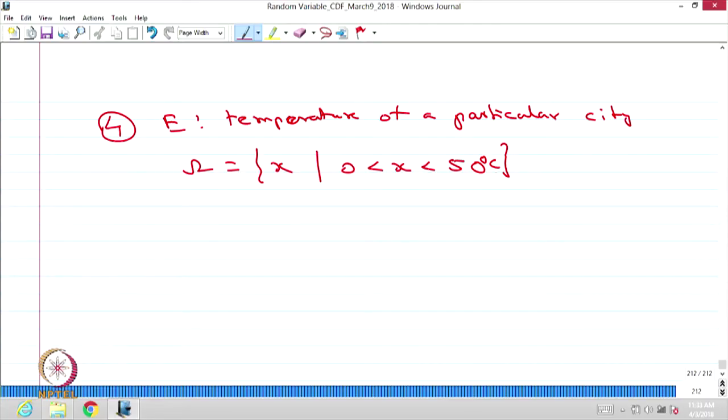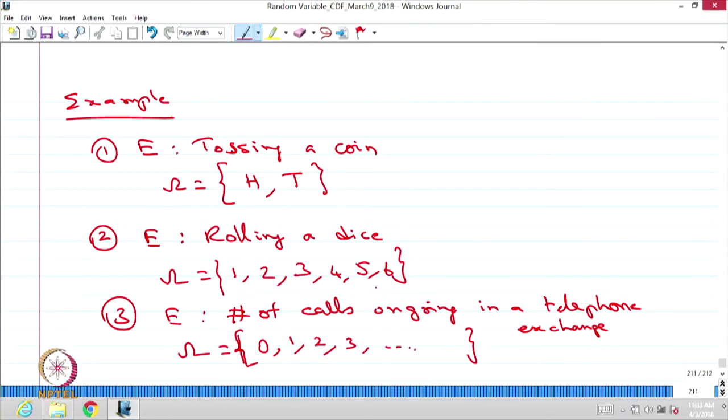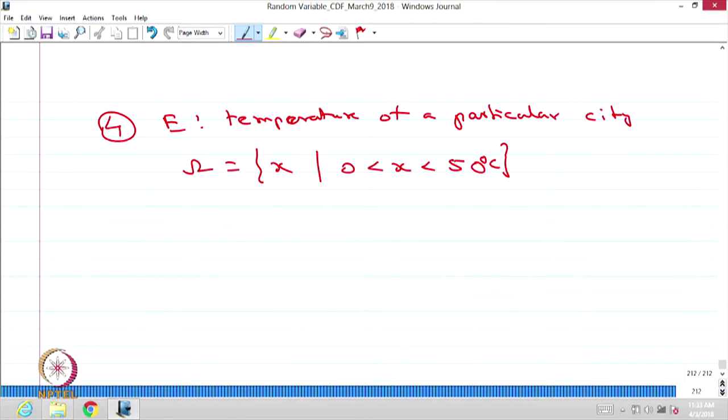Suppose I make the assumption that the temperature always goes from 0 to 50. So omega is going to be a collection of values between 0 and 50. So they are real numbers. Therefore, the elements of omega are uncountably many in the interval 0 to 50 degrees centigrade. I have given examples in which the elements are numerals or non-numerals, and similarly finite, countably infinite, or uncountably many.